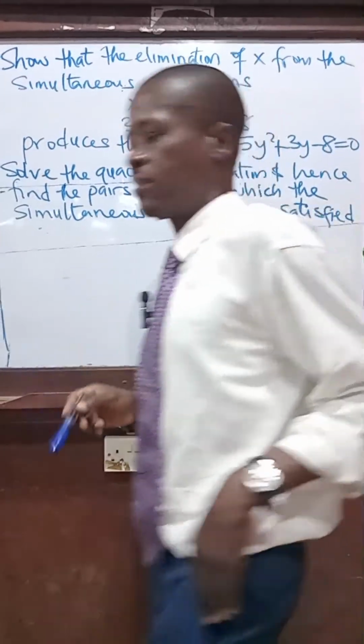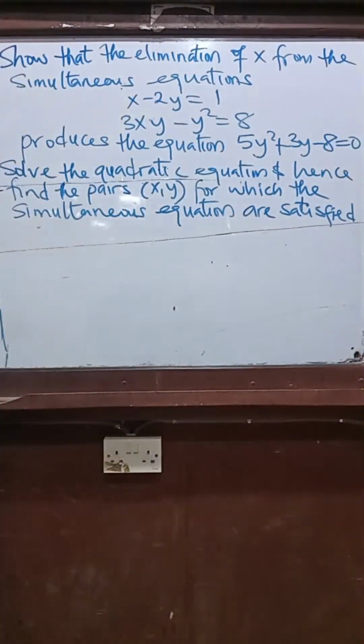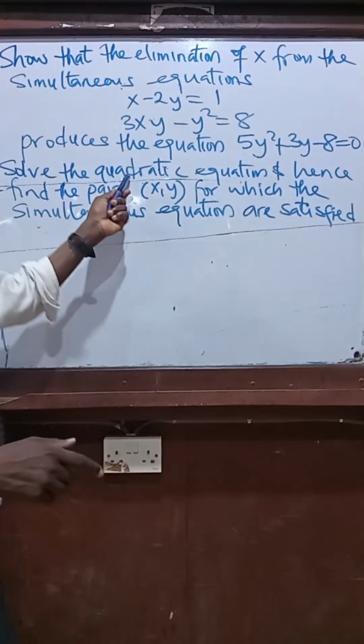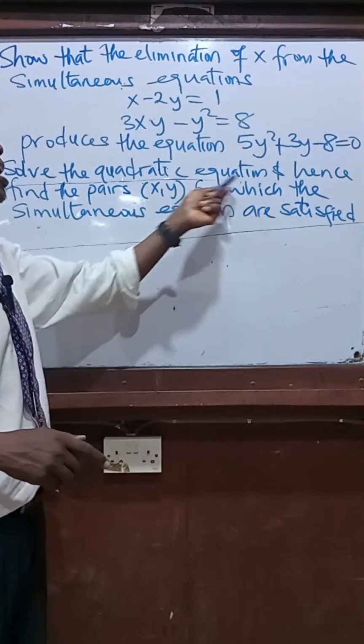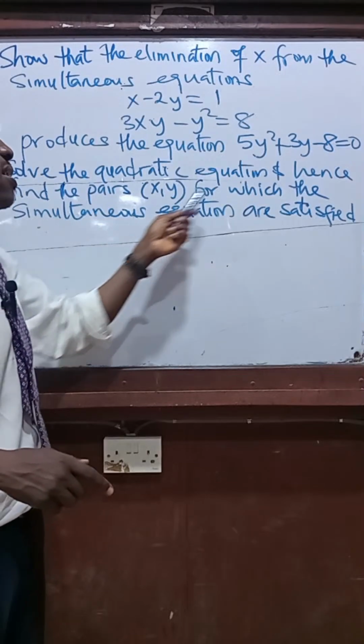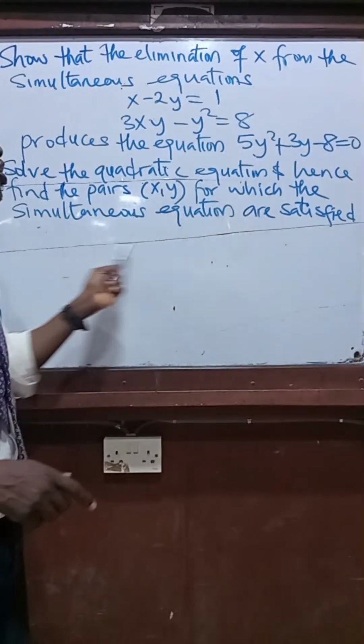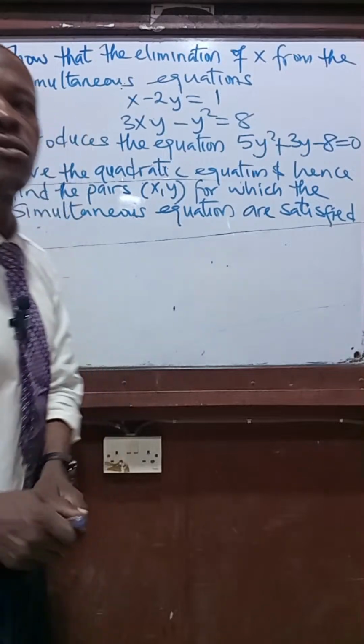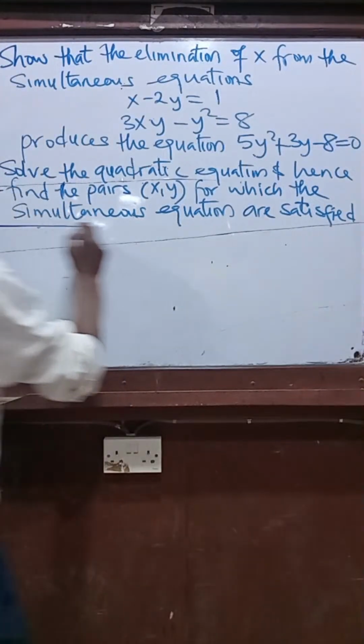Okay, let's quickly do that. And the other one, solve the quadratic equation, and hence find the pairs x comma y from which the simultaneous equations are satisfied.